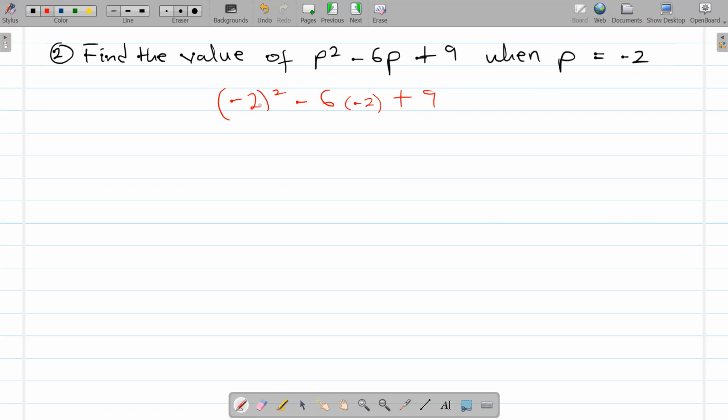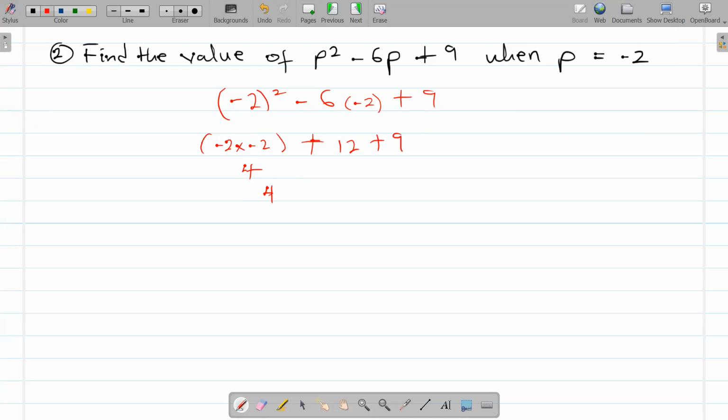Okay. So minus 2 squared is minus 2 times minus 2, right? Which we are going to get positive 4. Then minus times minus is positive, 6 times 2 is 12. Plus 9.